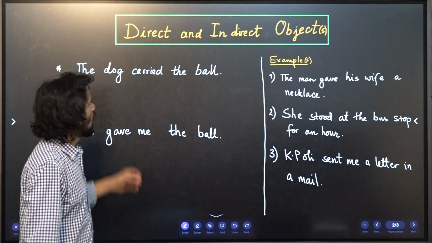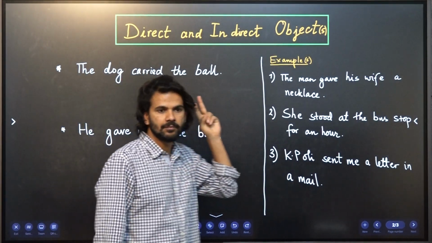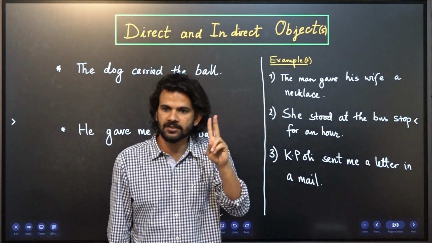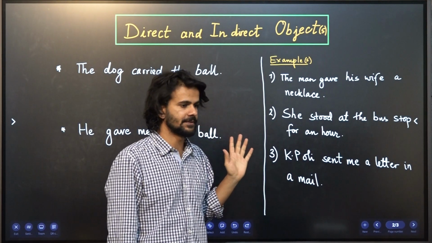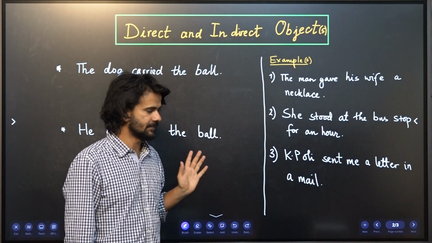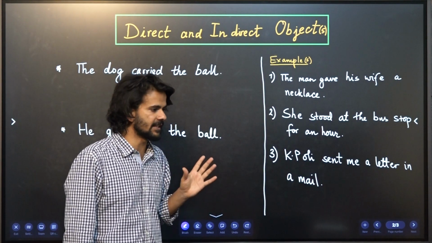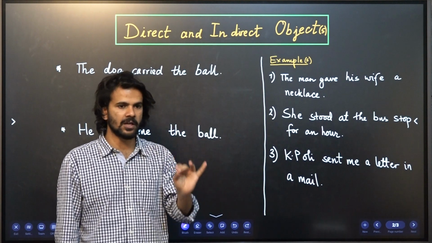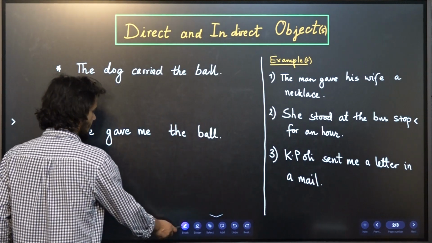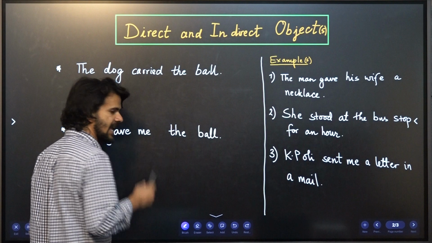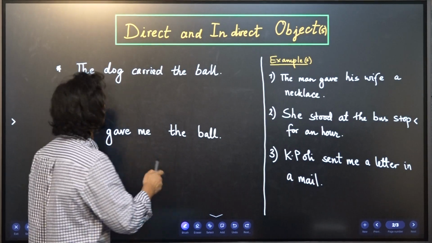Objects are also of two kinds: direct object and indirect object. What is the general structure of an English sentence? Subject, verb, object. The subject is the one who does the action, right?